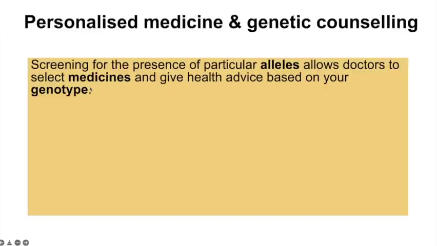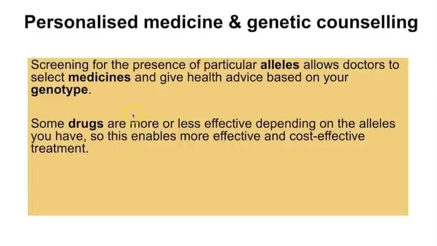Because there are some drugs that will have different effects on you depending on what your genotype is. So some drugs are more or less effective depending on the alleles you have. So it means that number one, the drugs that are selected will be more effective at treating your condition, but also it's more cost effective. You're not taking drugs that aren't going to have any effect, which would therefore cost just to have drugs that are doing nothing.